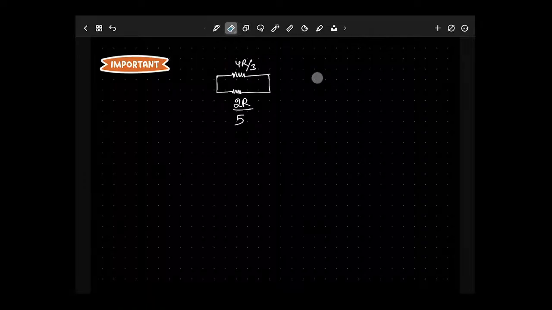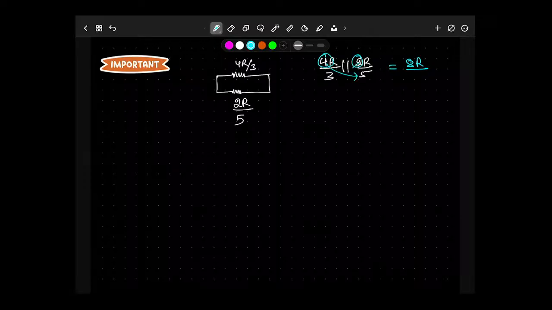You don't need to apply any formula. Just you can do it like this: 4R by 3 parallel with 2R by 5. You just have to multiply the numerators. It becomes 8. Write R as it is, and 5 into 4 becomes 20, and 2 into 3 becomes 6. So it becomes 6 plus 20, that is 26.